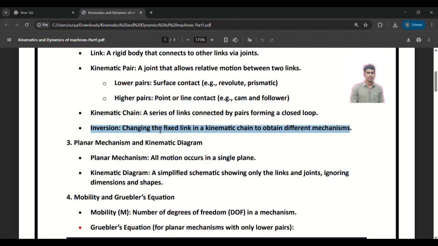So changing the fixed link in the kinematic chain to obtain a different mechanism. Fixing different kinds of links plays a crucial role. We have a number of links: crank, rocker, coupler and fixed link. By fixing each of them we will get a different output. We will focus on this in an upcoming video.